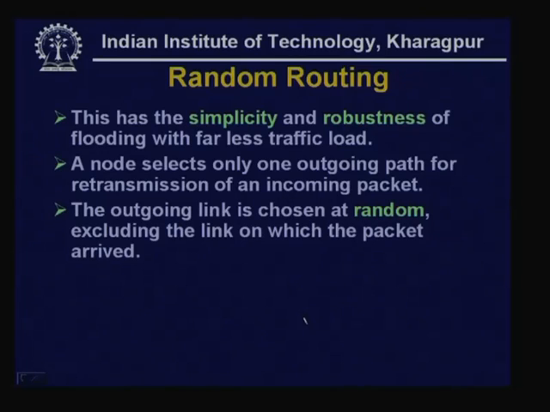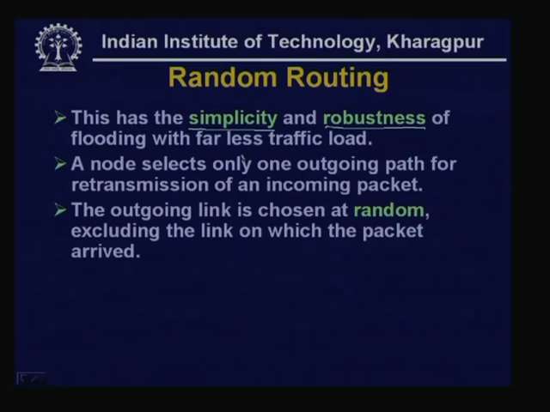So, that can be somewhat reduced with the help of this random routing, and it has the simplicity and robustness of flooding with far less traffic. So, it gives you some benefits of flooding, at the same time it overcomes some of the limitations of flooding. That means, it reduces the traffic load, which is the main drawback of flooding.